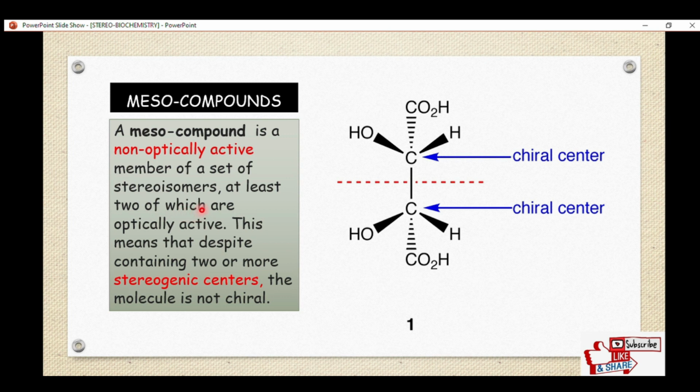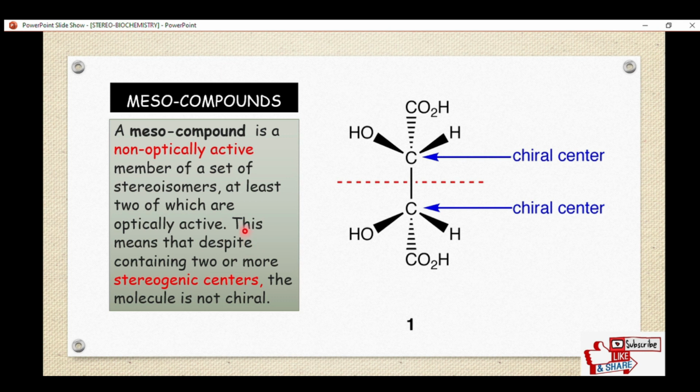That means it has at least two chiral centers, and despite containing two or more stereogenic centers, the molecule is not chiral. A stereogenic center is the same as a chiral center, so don't be confused.